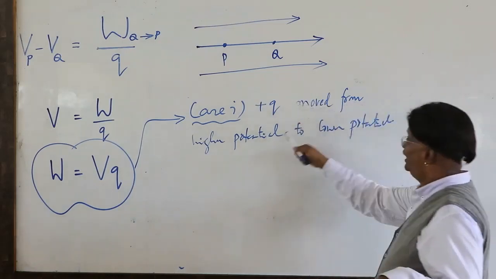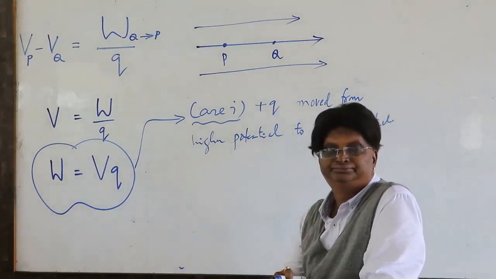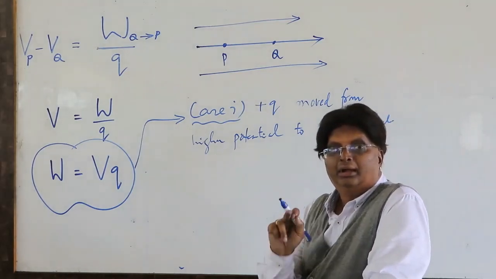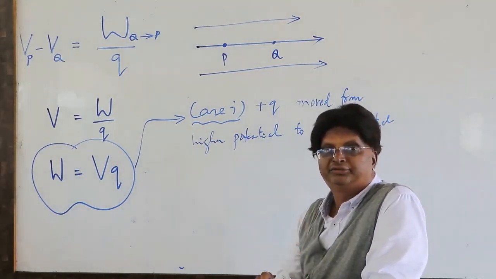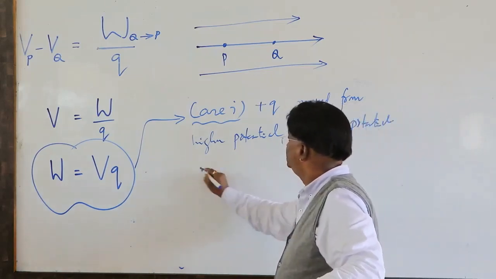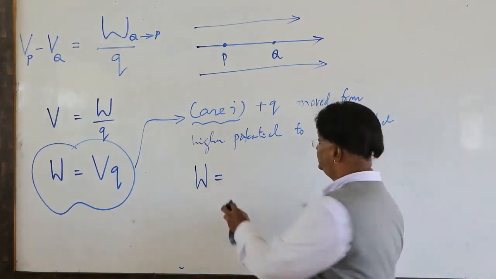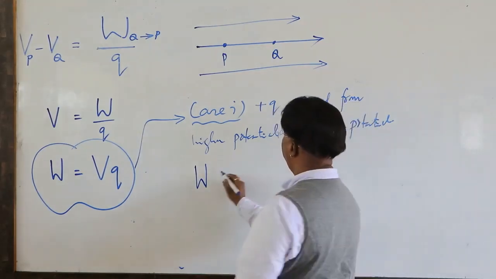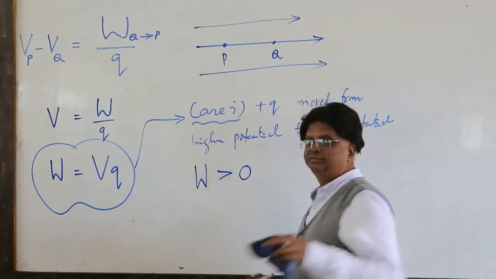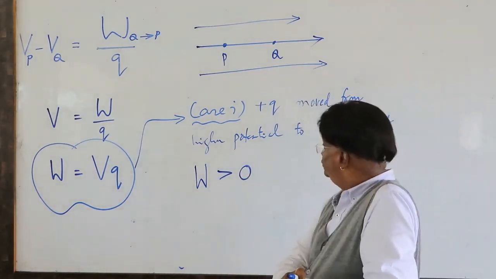Remember, it moved from higher potential to lower potential. In such a case, W is positive, W greater than 0. W greater than 0 you will get.